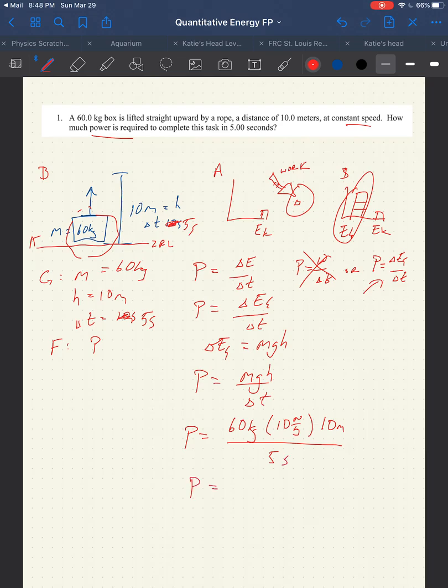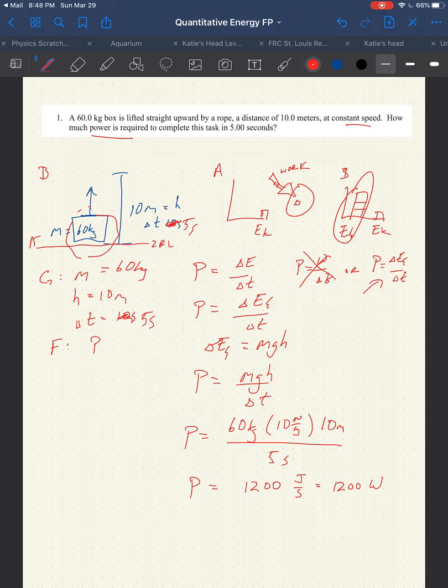And that gives me a power of, you take out your calculator, and you say, hey, 60 times 10 times 10 divided by 5, 1,200 joules per second. But that is the same thing as 1,200 watts. Okay, and that's a simple power problem.